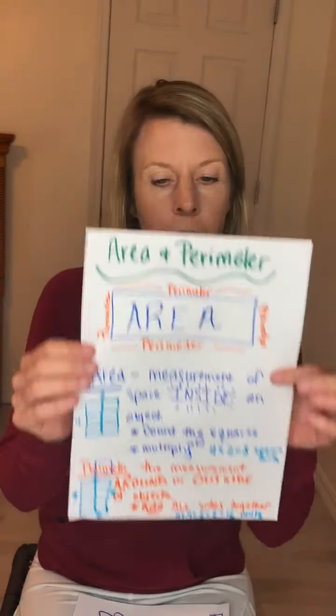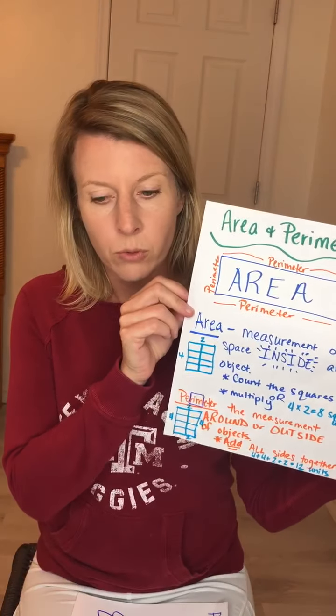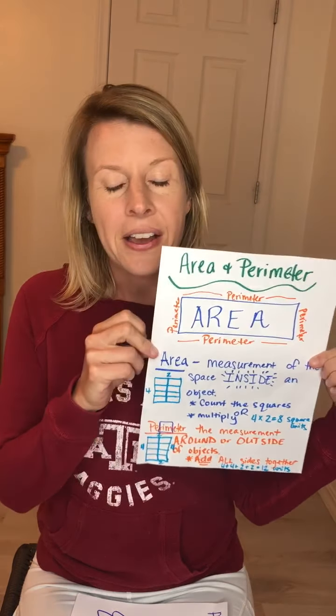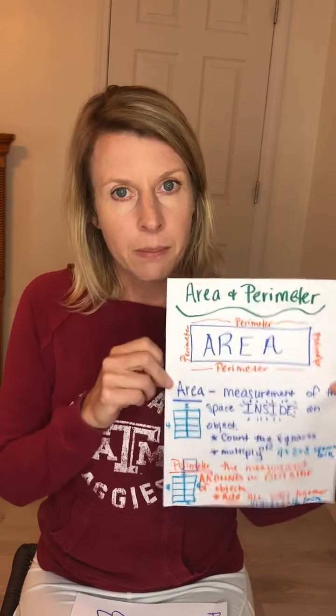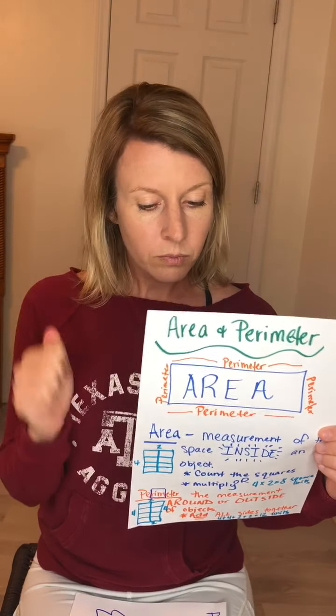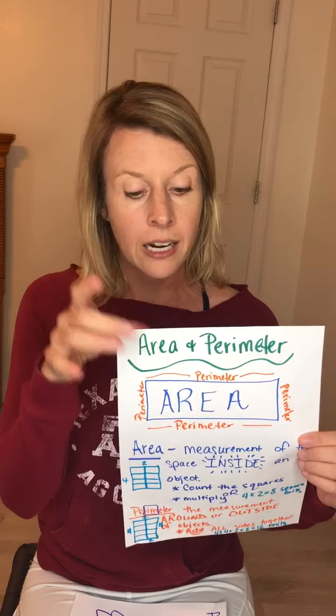So this week we have been learning about area. And a lot of times when we talk about area, perimeter goes along with it. So I have a little poster that I made for you, and I hope you can see it because I can't tell if you can or not because I don't have the video facing me. But area and perimeter go hand in hand.